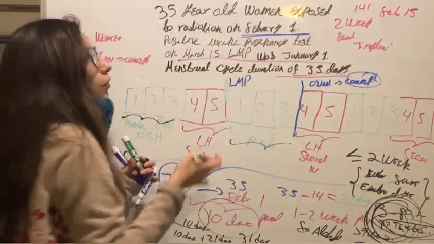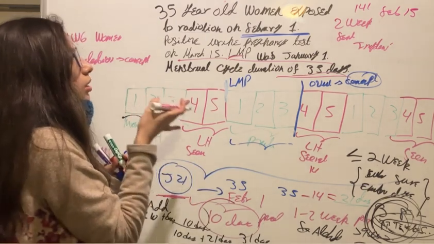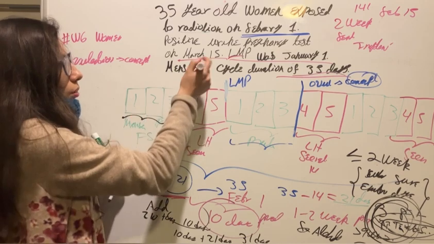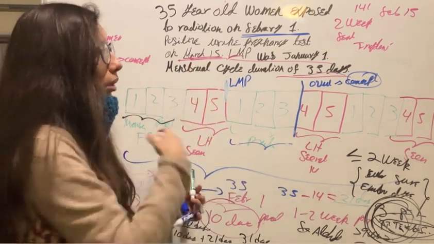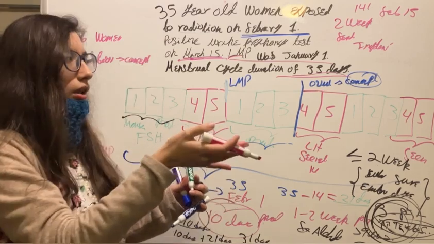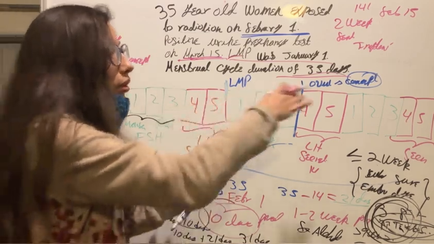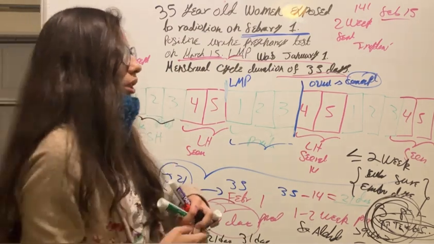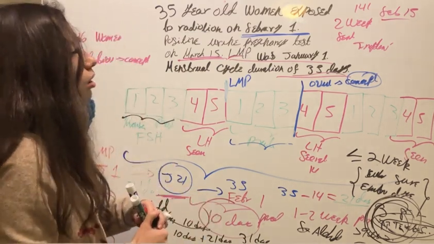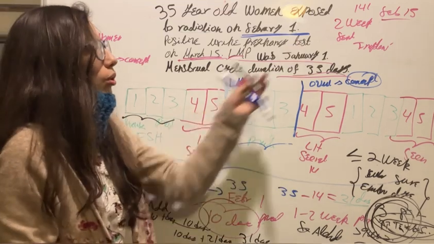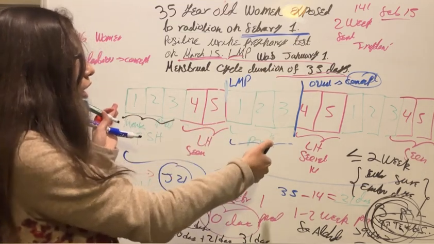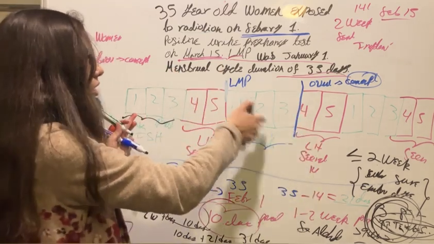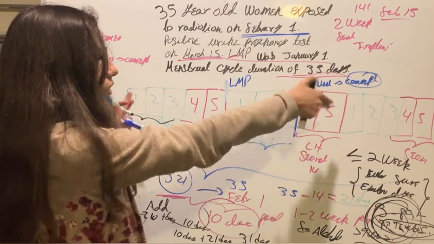So around February 15, the pregnancy test would have been positive, even though she tested positive on March 15, but probably March 14, 13, February 29, up to February 15, the pregnancy test was going to be positive. So this is just an exercise to become more familiar with adjusting the ovulation, secretory, and proliferative phases based on the menstrual cycle duration.